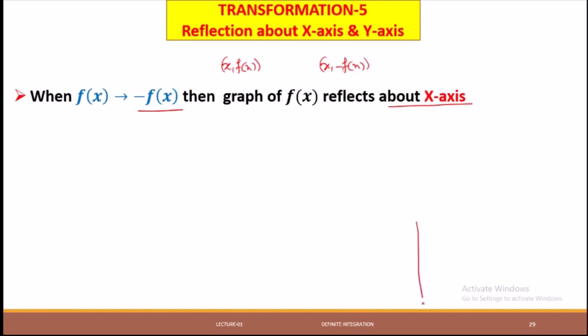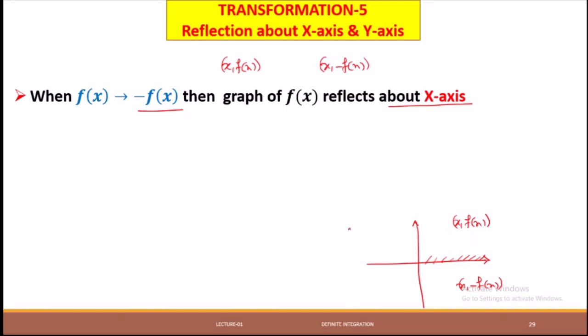Now let me explain graphically. This is the x-axis and this is the y-axis. Let us consider the point x comma f of x lies in the first quadrant. Then x comma minus f of x will be exactly in the fourth quadrant. So it is clearly a reflection about x-axis.